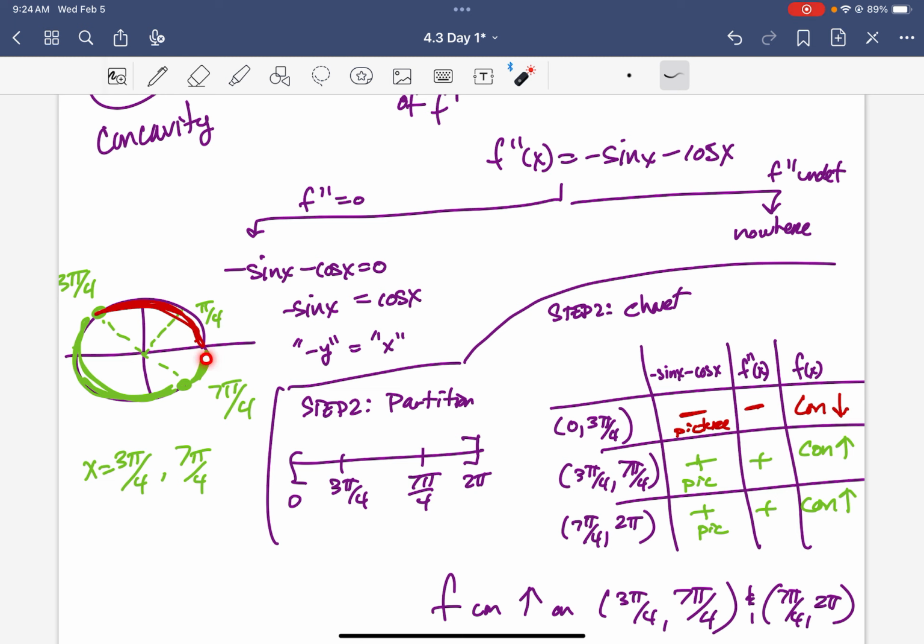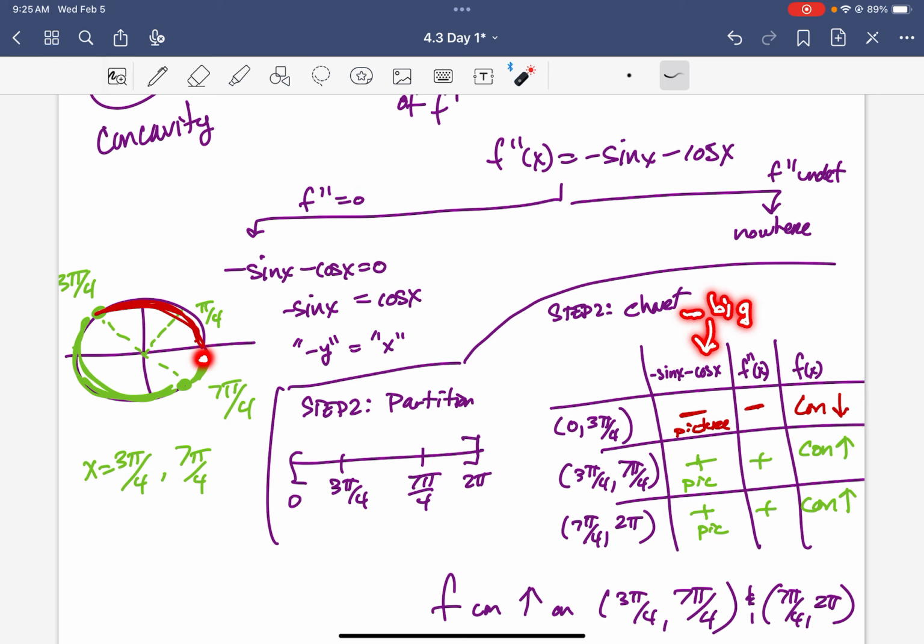But then some number over here, well, let's think. X is really big positive, but y is really big negative. So if x is really big positive, this is going to be negative big, and y is really small negative.